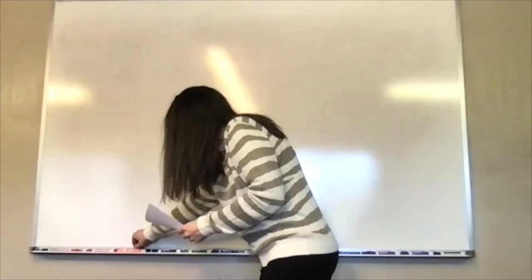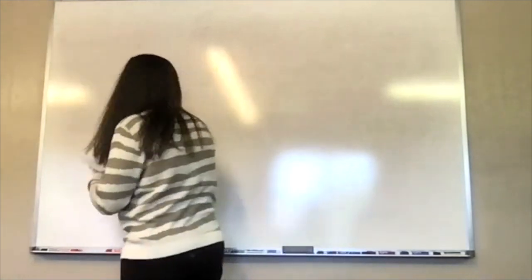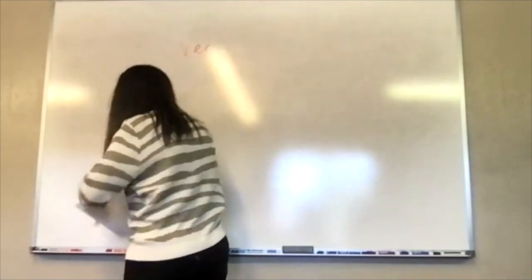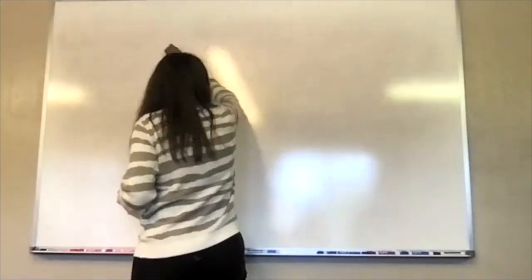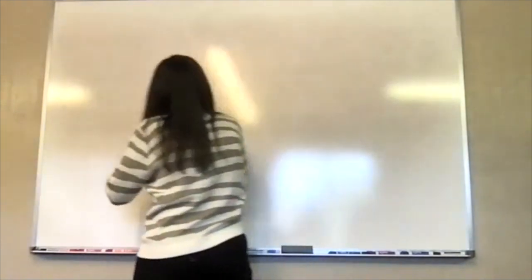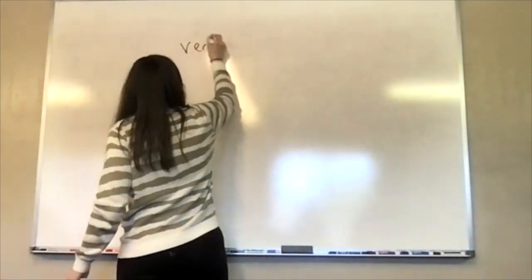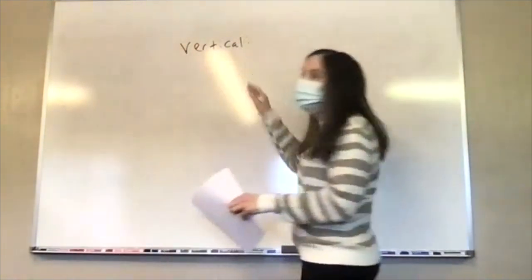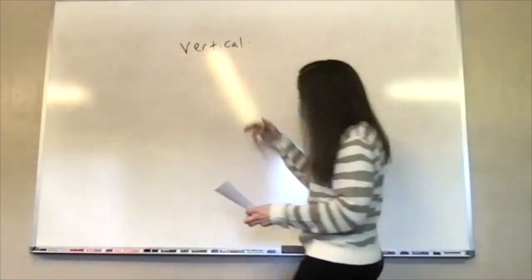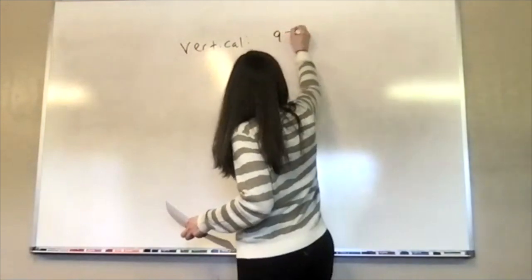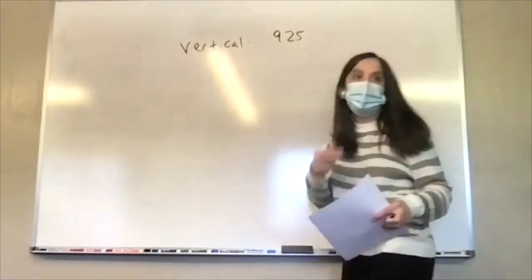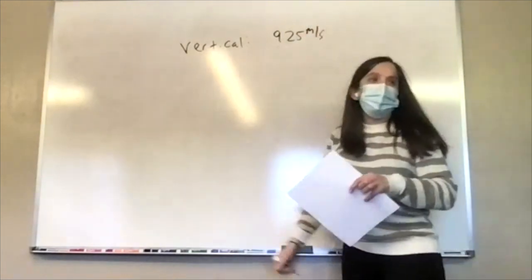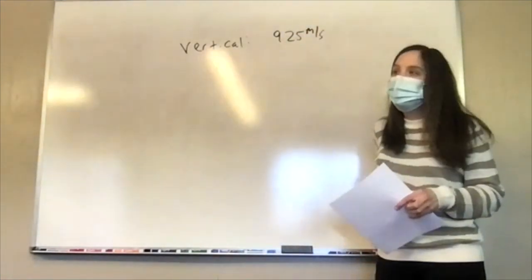So in order to find these, the vertical velocity, you would take the magnitude, 925 meters per second, and multiply it by what to get the vertical velocity?